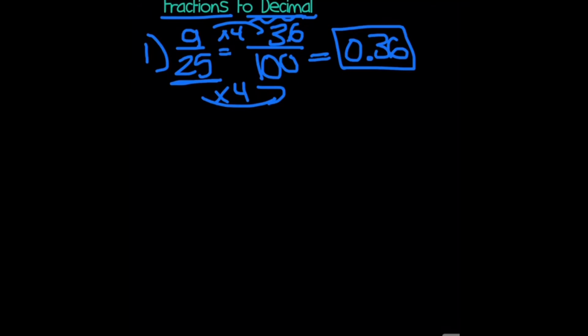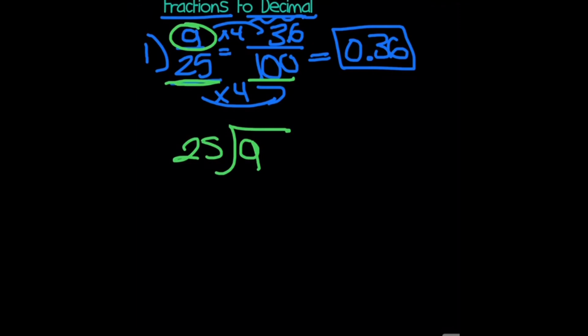Sometimes converting and making it into 100 will not work. So again, let me show you how this would be done with long division. So I would plug the first number, which is your numerator, inside, right? And then outside, I would plug in 25, the denominator. So right now, this is the divisor.